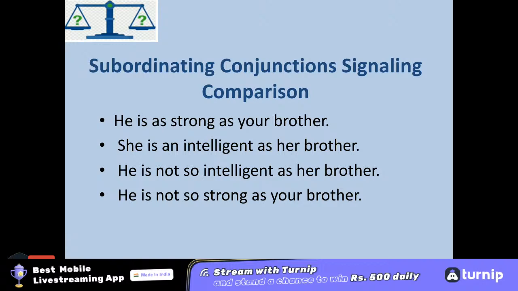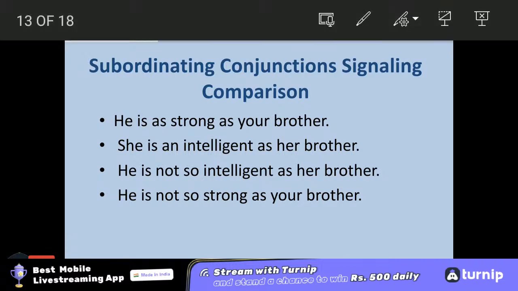So some of the subordinating conjunctions which show comparison are, yes, as is the most important. So as, when we are using, he is as strong as your brother, so we are comparing him with your brother.